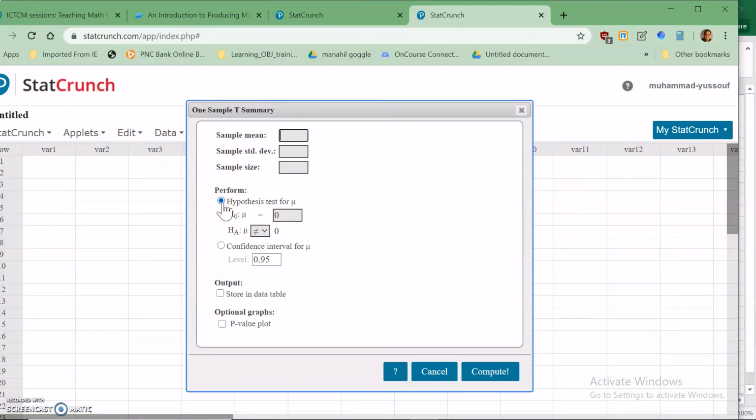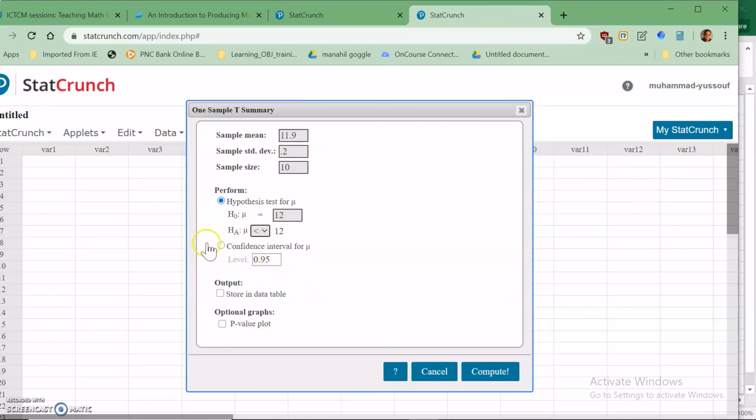What was the sample mean? It was 11.9. What was the sample standard deviation? It was 0.2, I think. Sample size was 10. The null hypothesis was that the cans have 12 ounces, and the alternative hypothesis is less than.